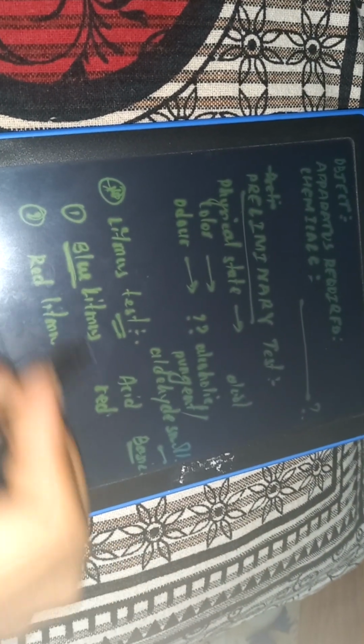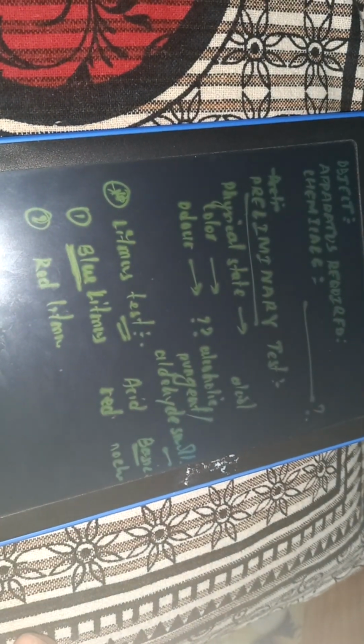If the compound is basic, blue litmus paper will have no change, it will remain blue. Likewise, if red litmus paper is in acid, it will remain red, no change. And if red litmus paper is in base, it will change into blue.